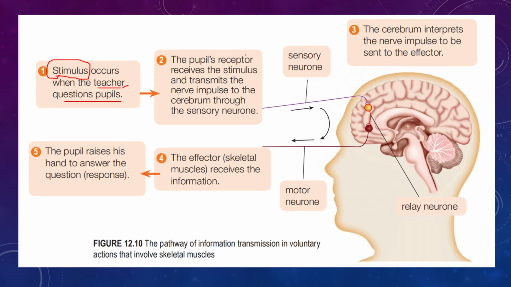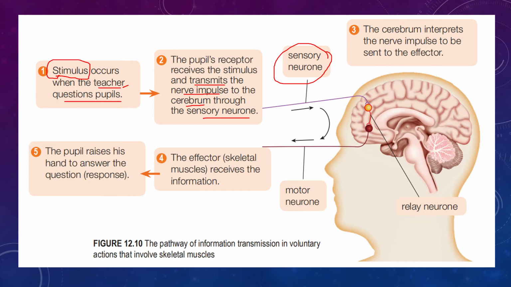So the pupil's receptors receive the stimulus upon being questioned, and they are going to transmit the information in the form of nerve impulses to the cerebrum. This type of neuron, remember, is the sensory neuron, heading to the integration center, and that is the brain.